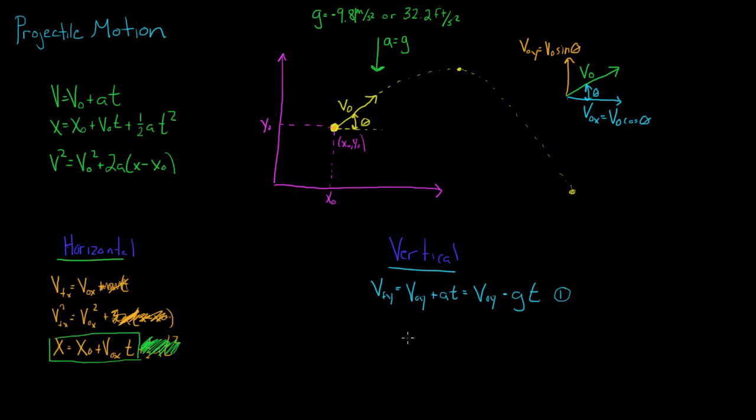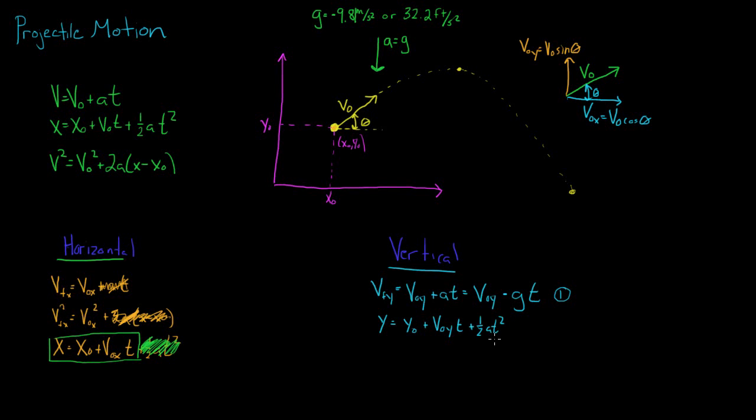Now if we look at the second equation and we just change the variables up a bit, we have a final y position equal to an initial y position plus the initial velocity in the y direction times time plus 1/2 a t squared.